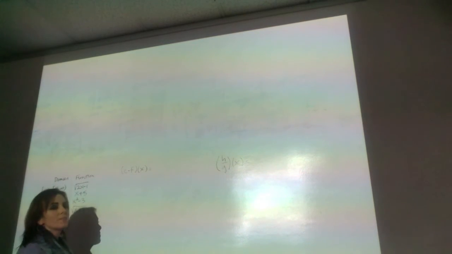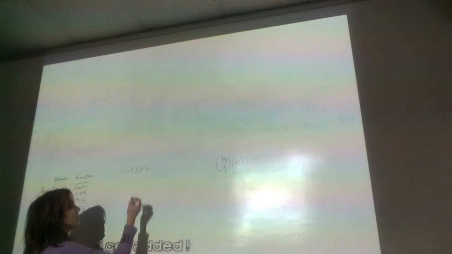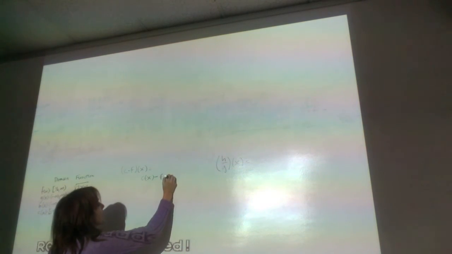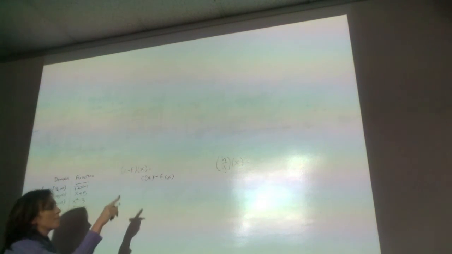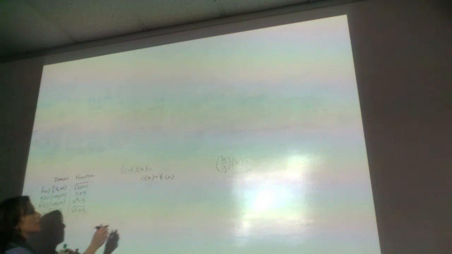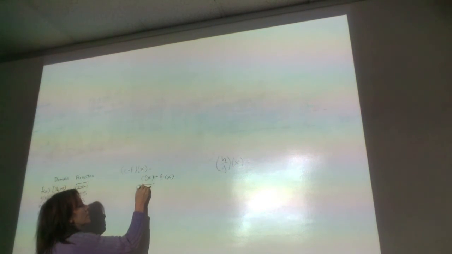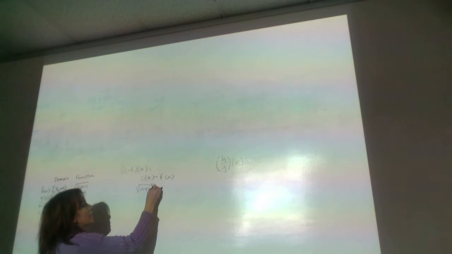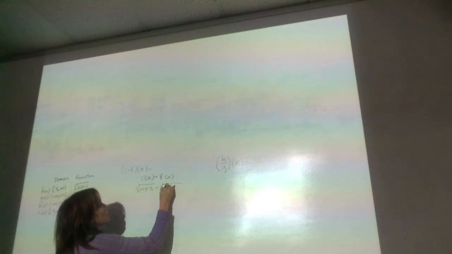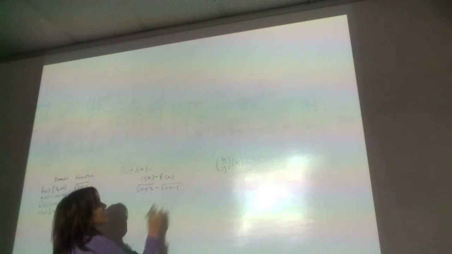C minus f of x, same thing as what we did before. We're going to take c of x, right? And we're going to subtract f of x. So going and figuring out what c of x is, we know c of x to be the square root of x plus 3. The square root of x plus 3. And from that, we're going to subtract f of x, which is the square root of 2x minus 1.